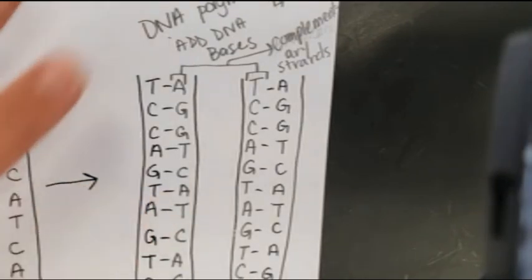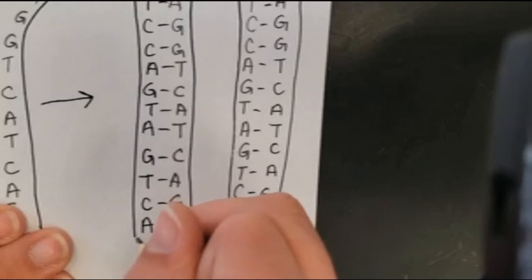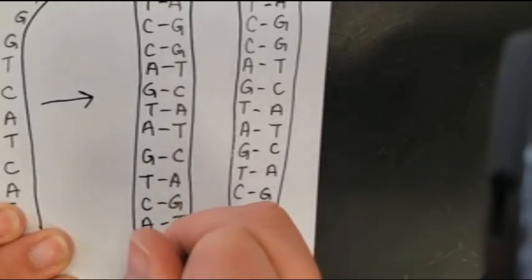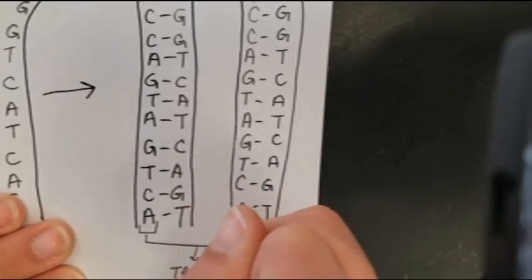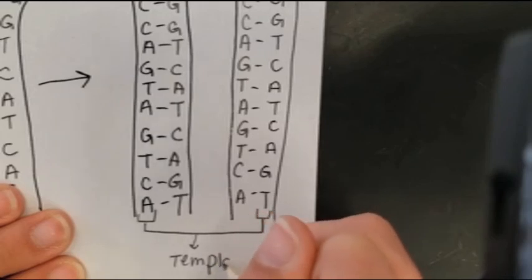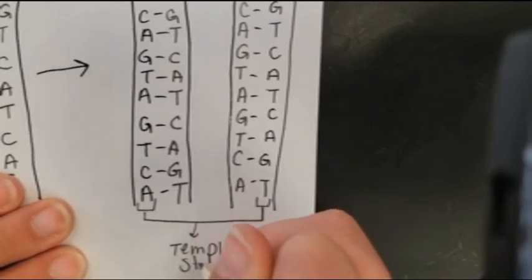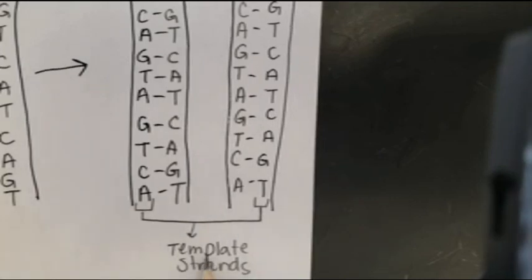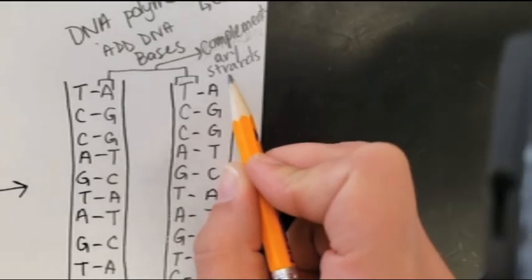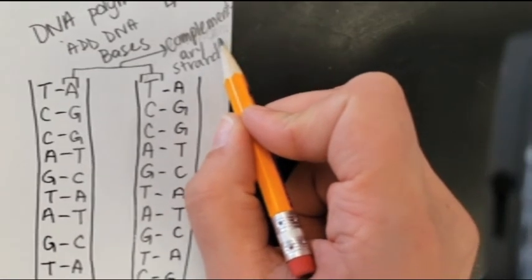And then the strands that we started with that we didn't write in, the ones that were already written for us, those have a special name too, and those are called the template strands. And they're called the template strands because those are the strands that we used to make our complementary strands. So our template strands help us make our complementary strands. We start with the template. From the template, we make complementary strands.